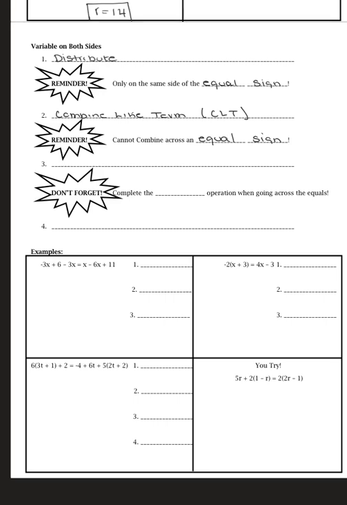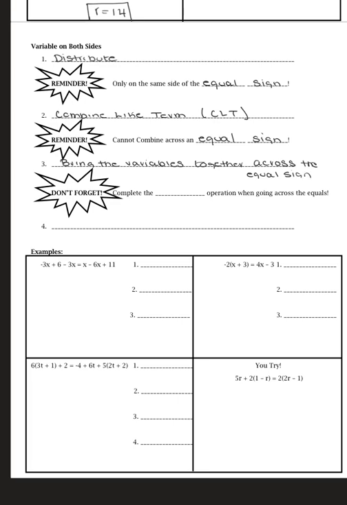All right. The third step, you're going to bring the variables together across the equal sign.